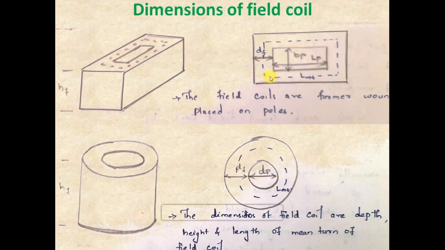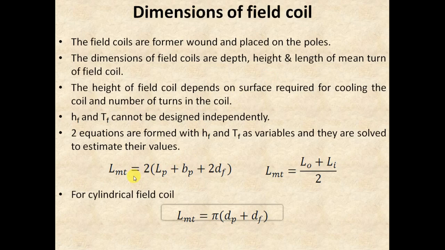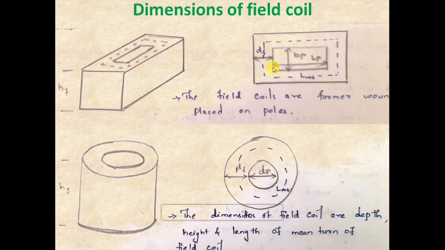Adding all this together, we will be able to get the relation for length of mean turn as 2 times the addition of length of pole body, width of pole body, and 2 times the depth of field winding. You must remember this relation. In fact, you don't need to learn this by heart. Once you know how to draw this diagram, then from this diagram you can deduce the relation by yourself.